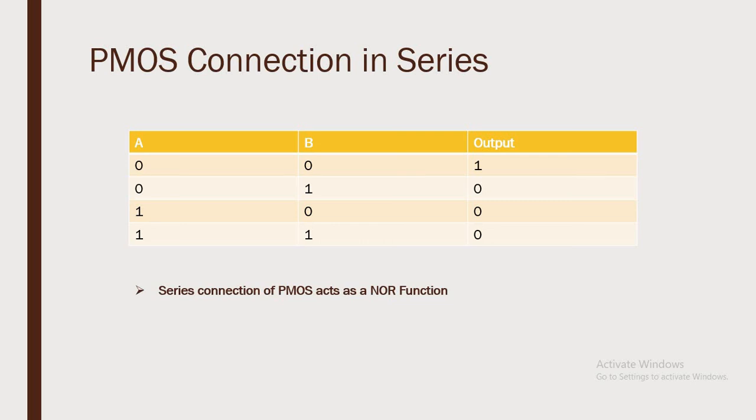In a NOR gate, if both inputs are 0, then our output will be 1, and if any input is 1 or both inputs are 1, then our output will be 0. So what we see here is that whenever we connect PMOS in series, this scenario acts as a NOR function. So series connection of PMOS acts as NOR function.